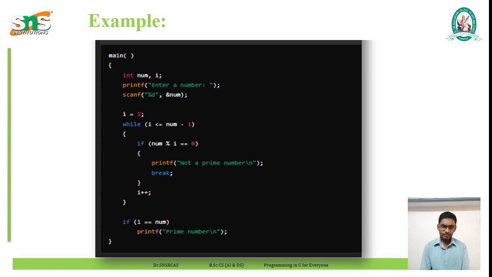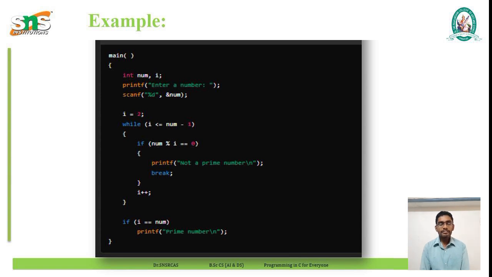And again, if the condition never gets true, which means the while loop completely executed without entering inside the if block, all the conditions are verified, so the number is prime.